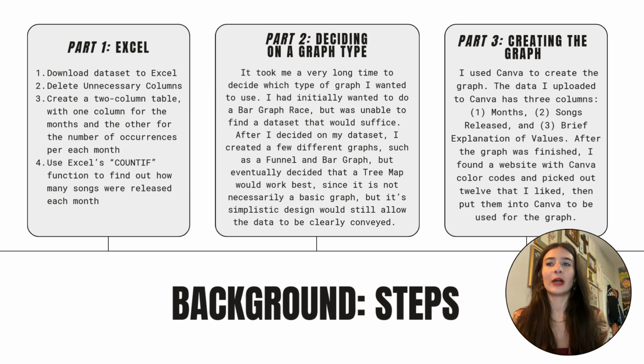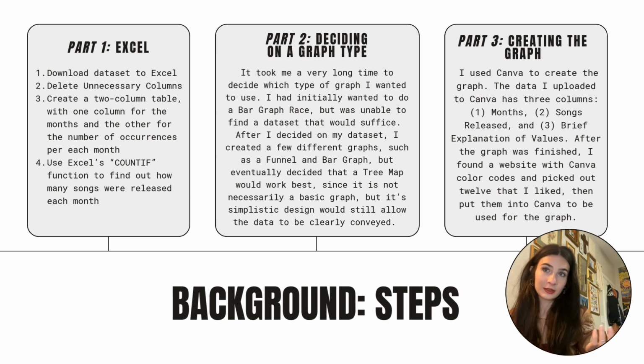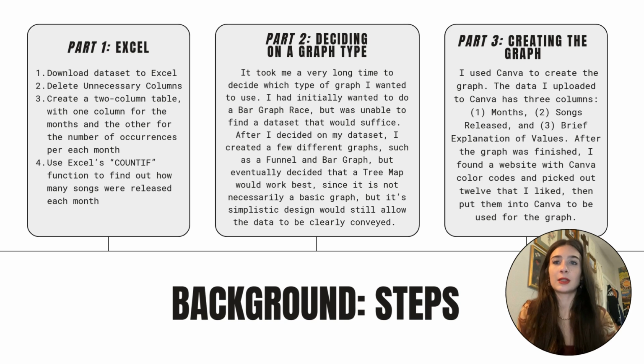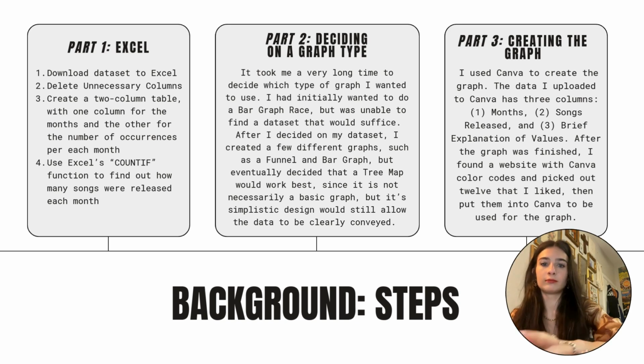It's kind of basic, but its simplicity allowed the data to be clearly conveyed and look nice. I made the graph using Canva. I had 3 data columns in Canva, one for the months, one for the songs released, and then an explanation of the values. And then I found a Canva color code website and changed all the colors to make sure that they didn't look very similar.